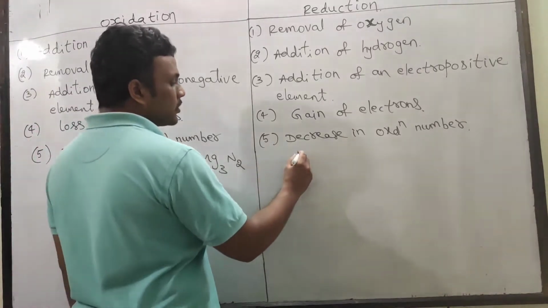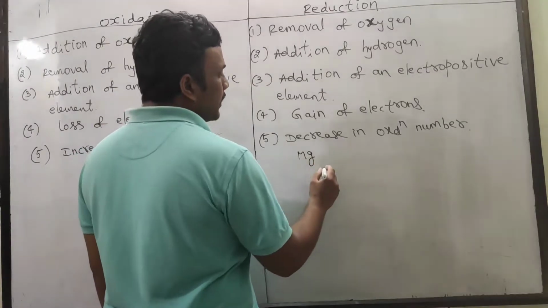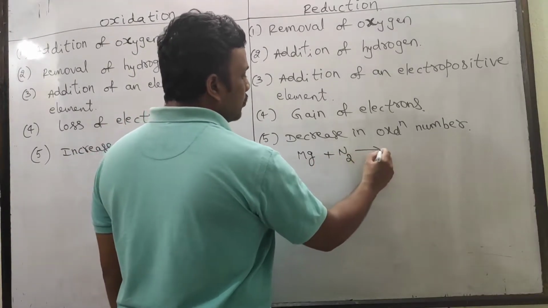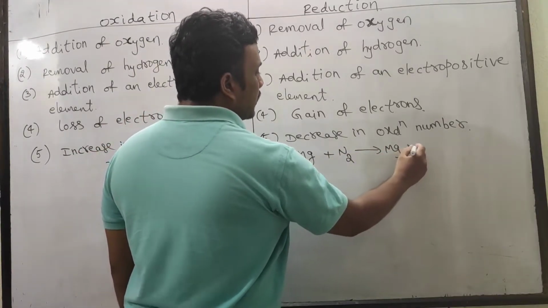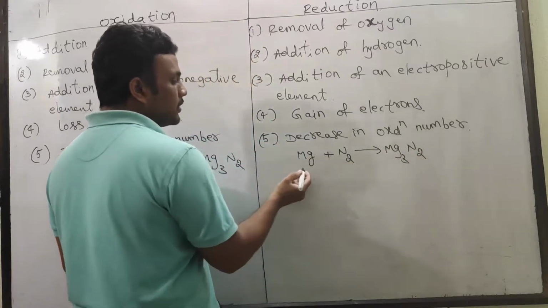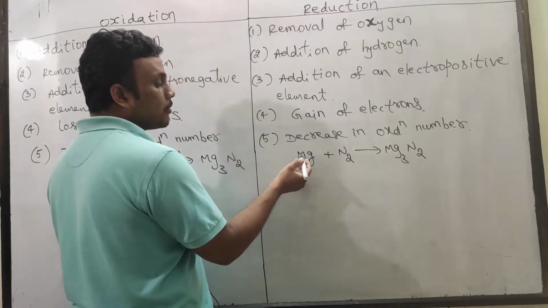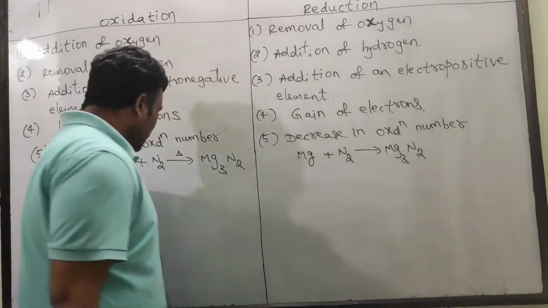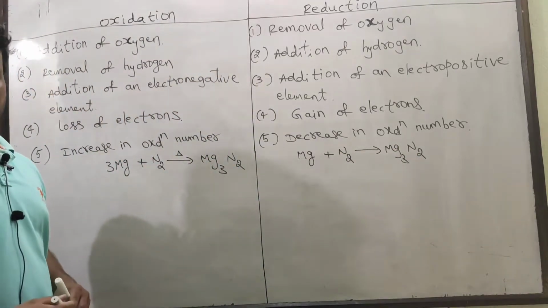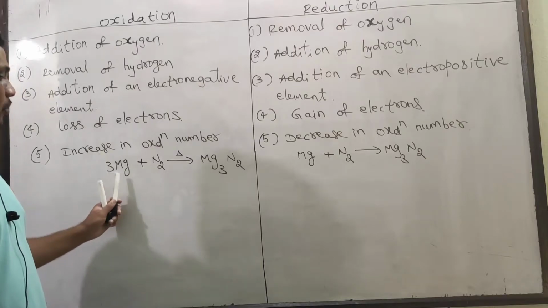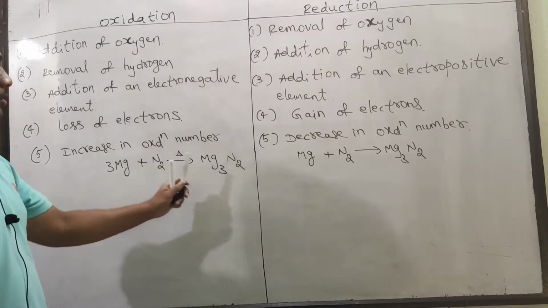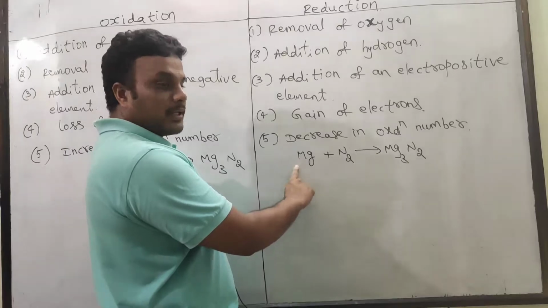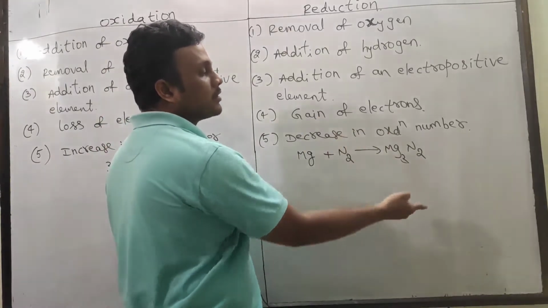In the same reaction, I am taking magnesium and N2 giving Mg3N2. Between these two, magnesium is more electropositive. An electropositive element is added to nitrogen, so nitrogen undergoes reduction and magnesium undergoes oxidation. An electronegative element is added to magnesium, so magnesium undergoes oxidation. An electropositive element is added to nitrogen, so nitrogen undergoes reduction.